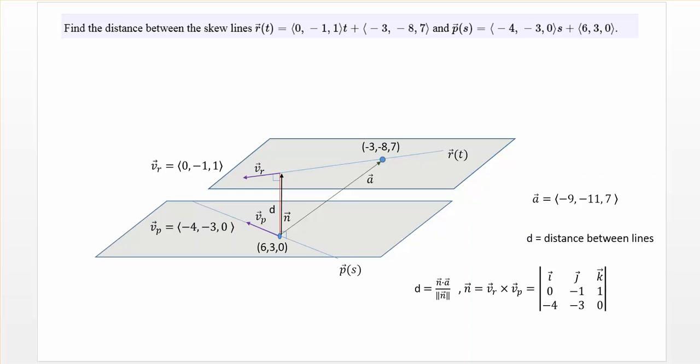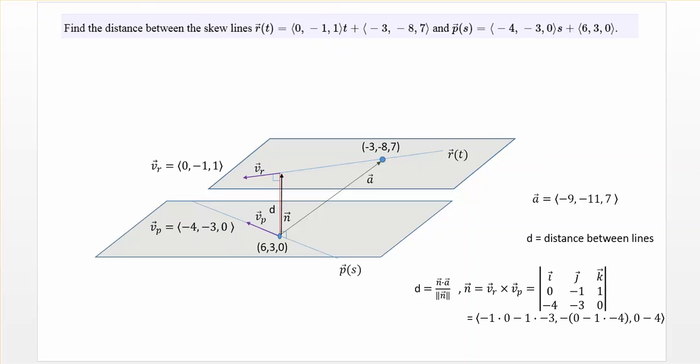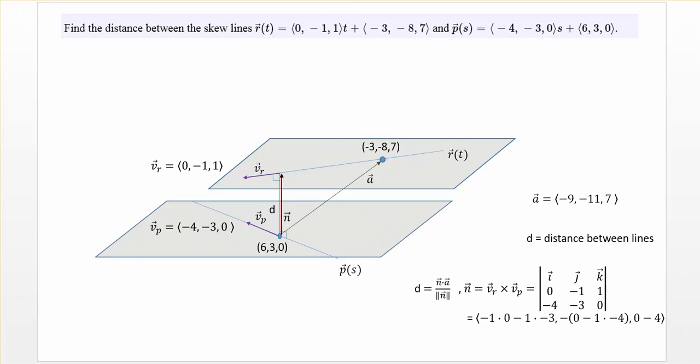To do that, I'm going to use the determinant method, and we get -1 times 0 minus 1 times -3 in the i direction. And then we've got the j direction and the k direction. Simplifying that out, we get the vector 3, -4, 4.